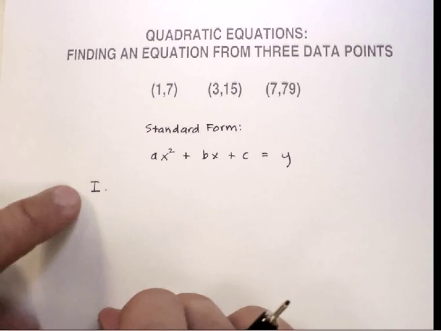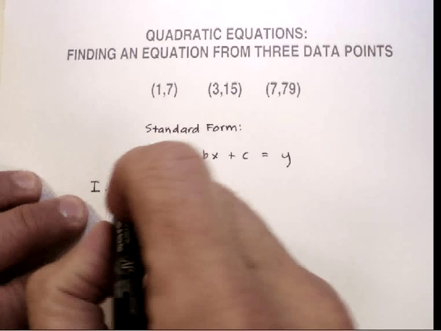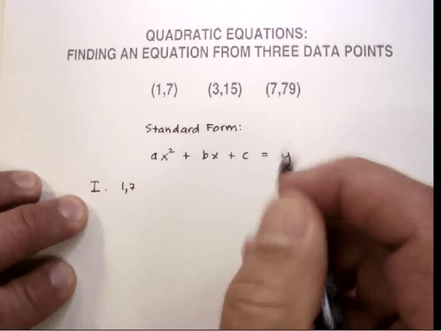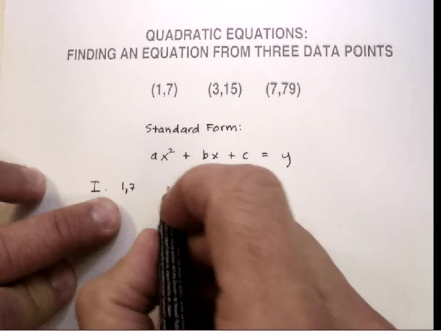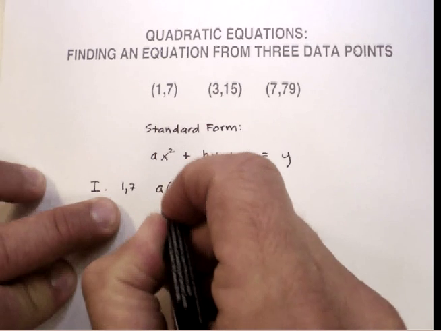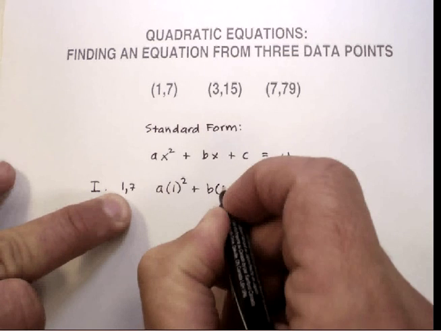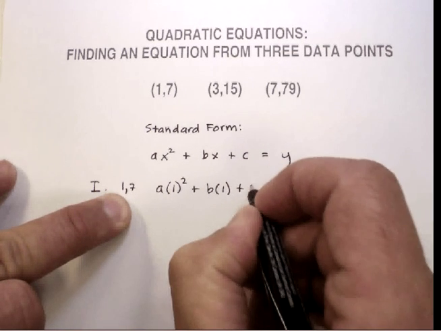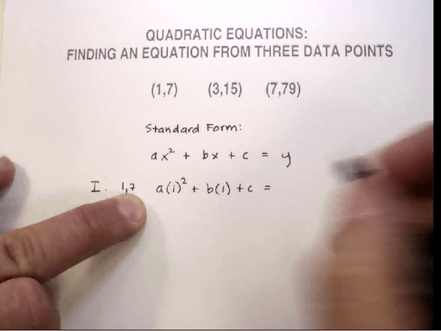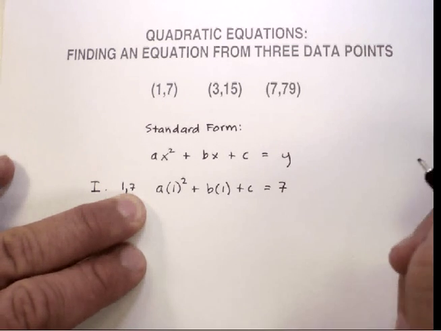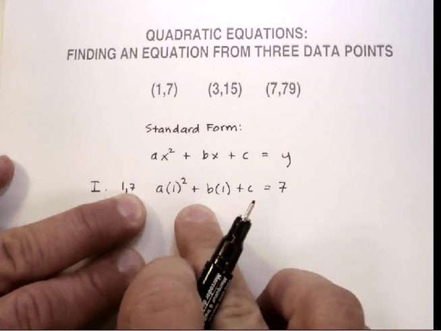We'll call this paragraph number 1. Let's use the point 1, 7. If we put 1, 7 through here, basically what we're saying is that a times x, which is 1, squared, plus b times 1, plus c is going to produce the y value of 7. Now let's clean this up a little bit.